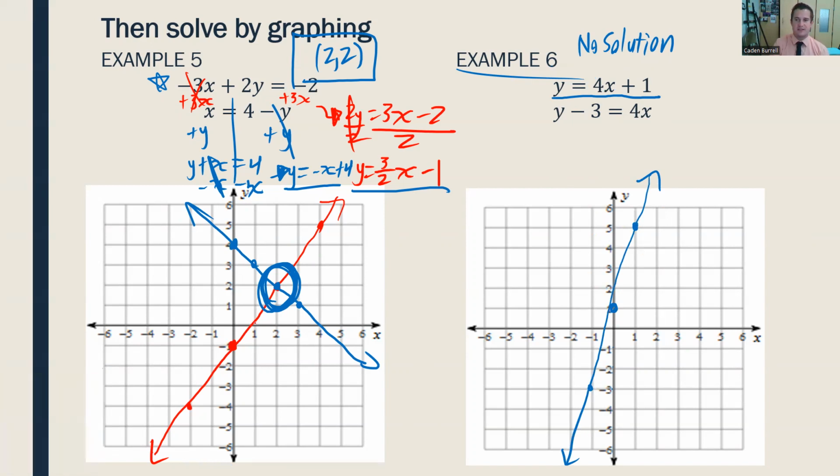Let me change colors for the second one. This one I'm going to have to solve for y. I'm going to add 3 on both sides, giving me y equals 4x plus 3. So I have a y-intercept of 3, and I go up 4 over 1, down 4, left 1.